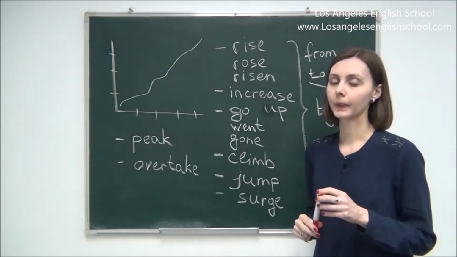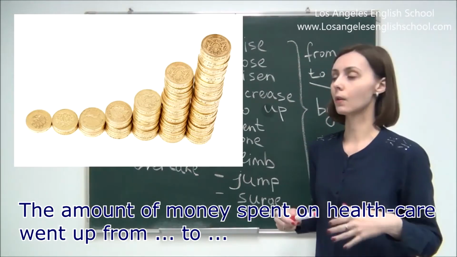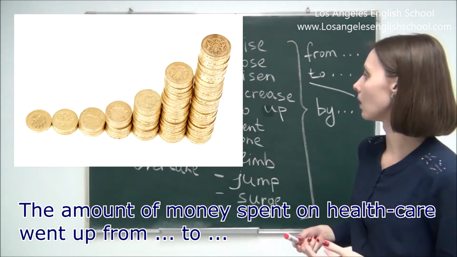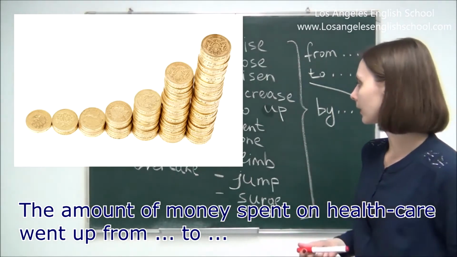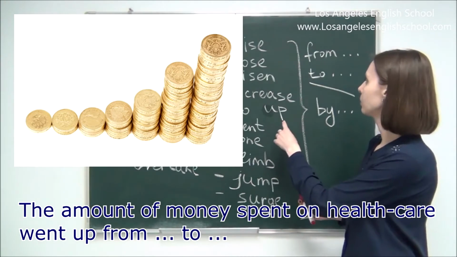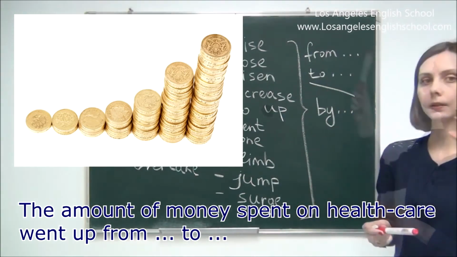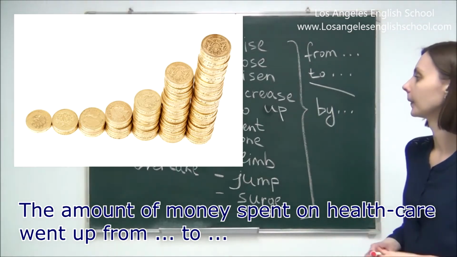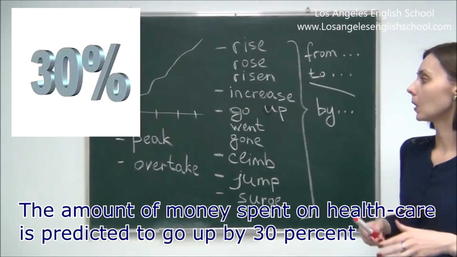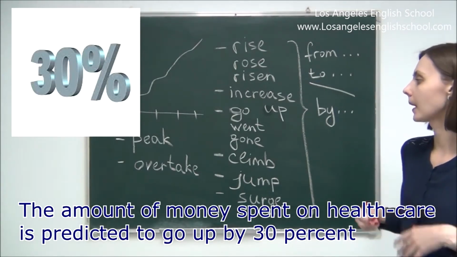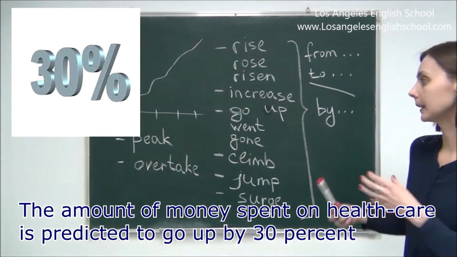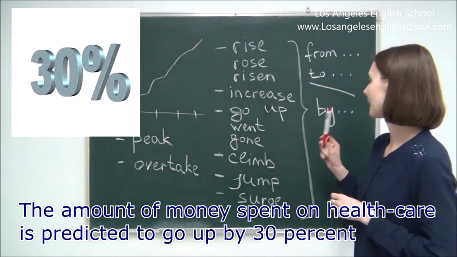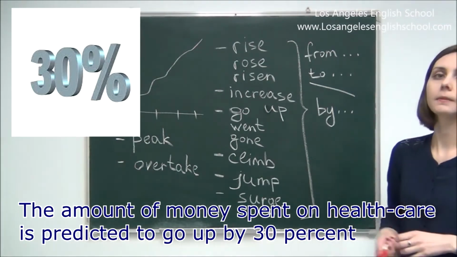For example, the amount of money spent on healthcare went up from some sum of money to another sum of money. Or the amount of money spent on healthcare is predicted to go up by 30%.